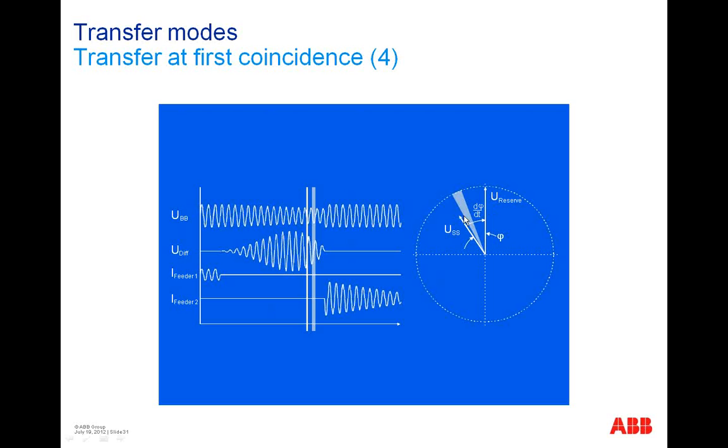We're waiting to 40%. We don't care about the phase angle, where it is. Is it here? Is it here? Is it here? Could be worst case in this direction. Then you have a complete voltage, if you close the breaker, of 1.4 of the nominal voltage on the bus bar.